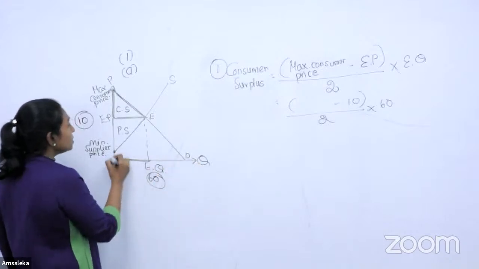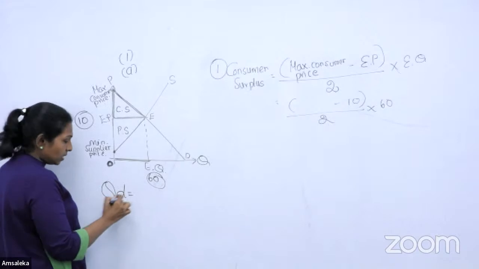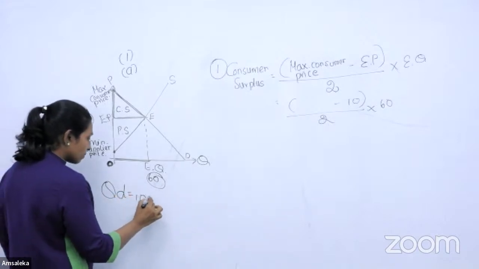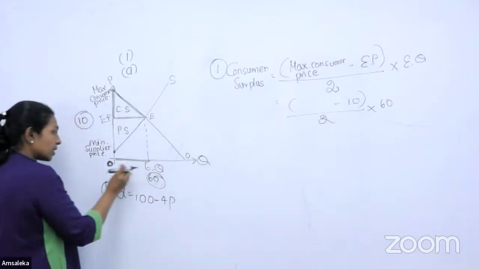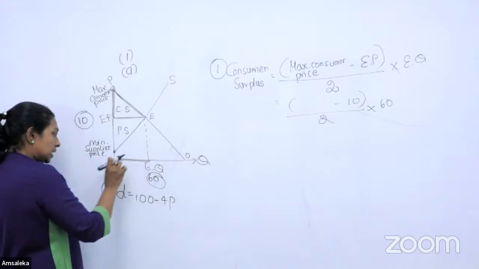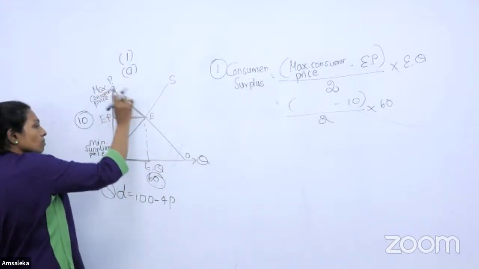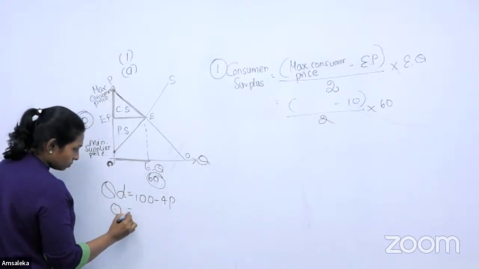When Q is 0, what is the price? The QD formula given is 100 minus 4P. Now we want to find P when QD is 0. So when Q is 0, what is the price?